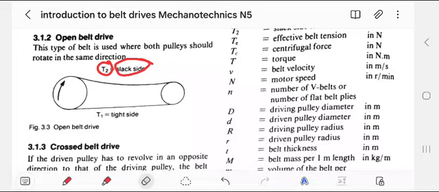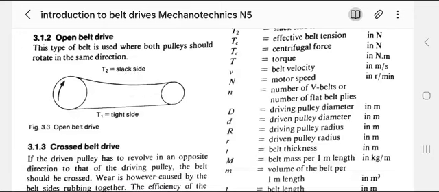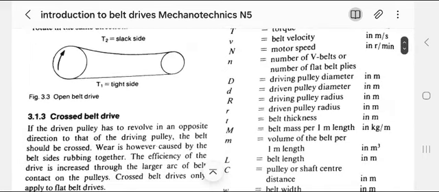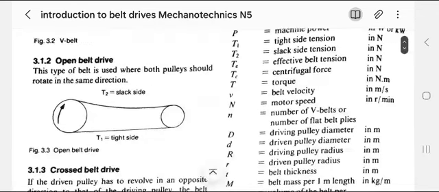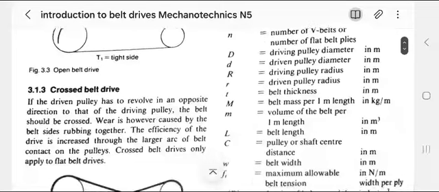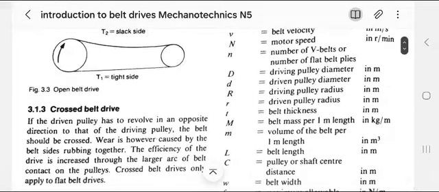If it was rotating in the opposite direction, the tight side would be on the other side. You still remember this, right? So we have an open drive. That is an open drive, whereby it can be a flat belt drive. It can also be a V belt. We have open belts, flat belts and V belts, right? That is what we have.